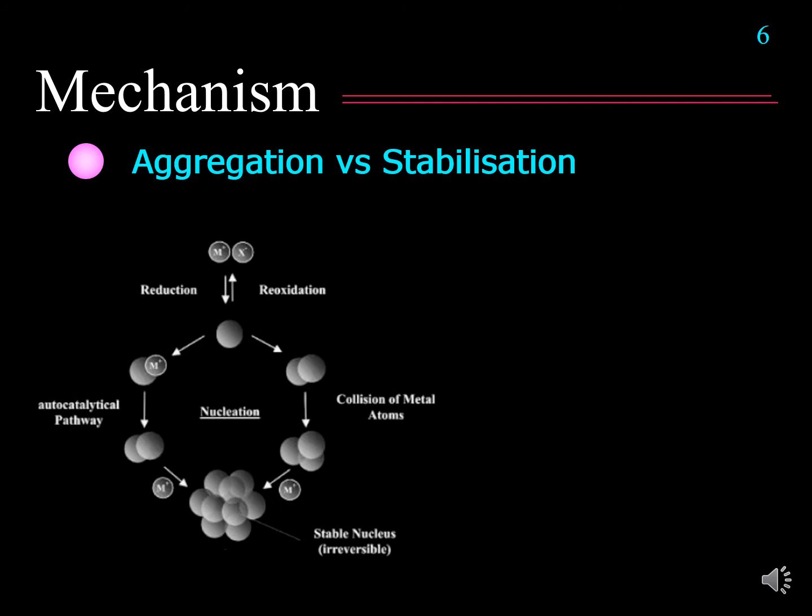Another method of this reduction: maybe after the first atom was reduced, the gold ion absorbed onto this atom, and they reduced down again by the citrate, and at the end we have two atoms, right, and absorbed new ions of the gold 3+, and then the mechanism continued, and at the end we have this stable nucleus of the gold, and it is irreversible.